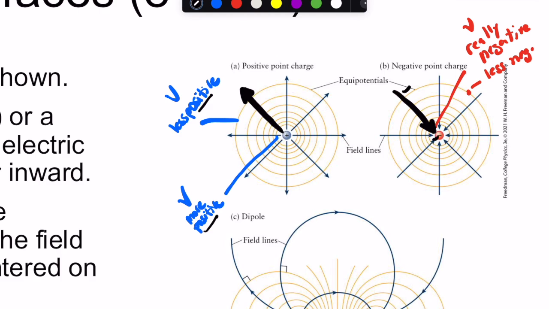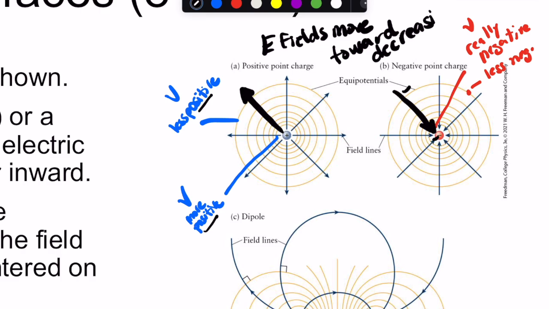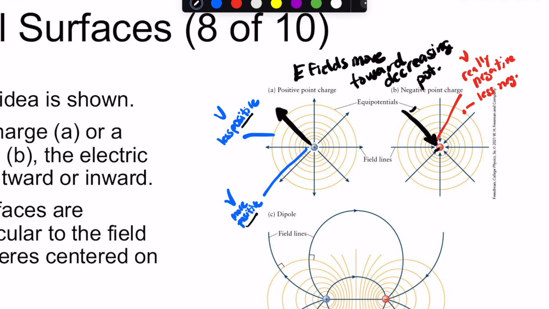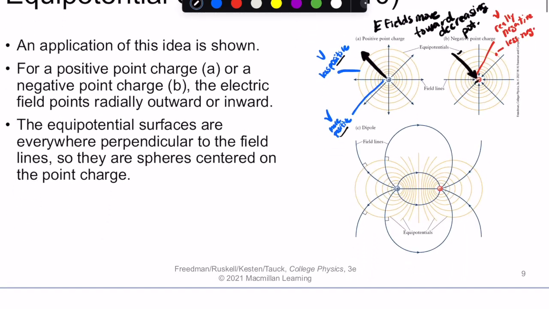So in both cases, E fields move toward decreasing potential, always. It doesn't matter if a positive charge is creating that or a negative charge is creating that. In both cases, the electric field lines move towards decreasing potentials.